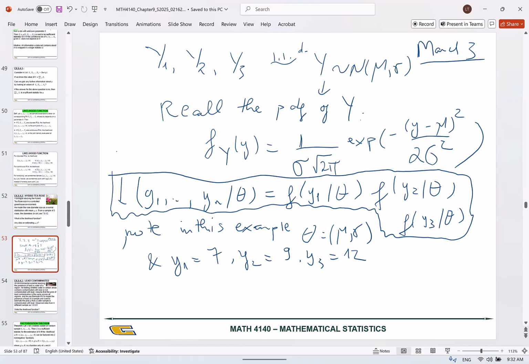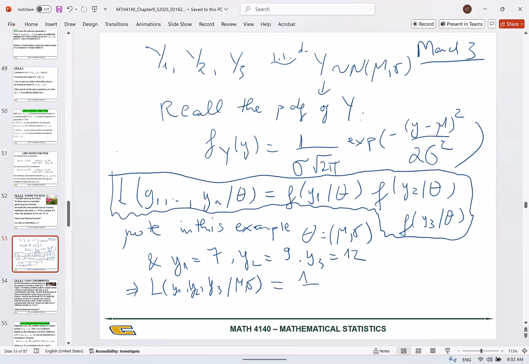So basically in this case, L of y1 to y3, so in this case you have y1, y2, y3, given theta, which is mu and sigma. I can write it in this fashion as well.